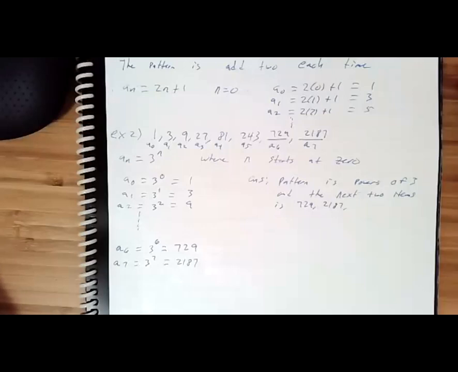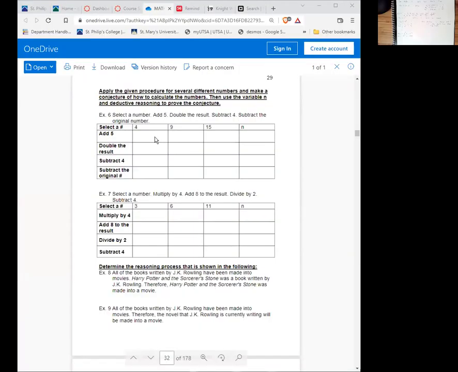So select a number, add 5. So I'm gonna add 5 to it, and then I have to double the result, subtract 4.